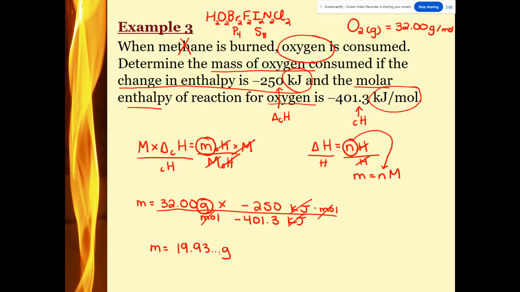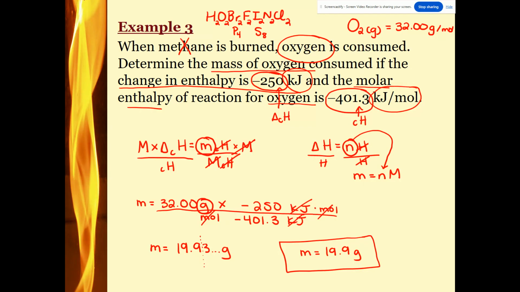And again, going back up to the question, there's 4 sig digs in my molar enthalpy, but only 3 in my enthalpy change, my delta H. So that limits me to having 3 sig digs. So that's going to lead me to round it to 19.9 grams as our final answer, right?